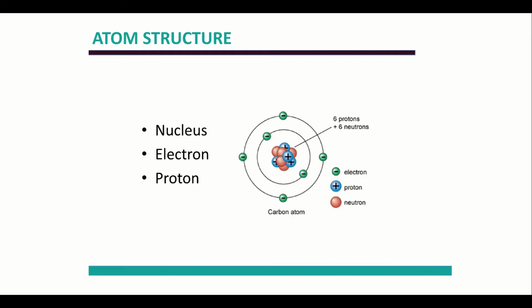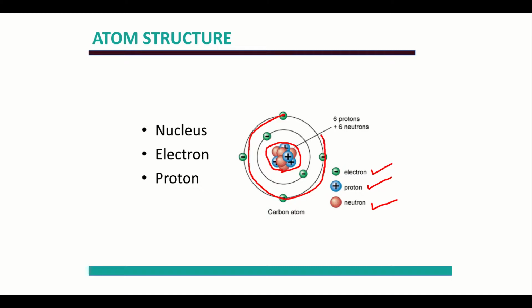It has a positive component, which is a proton, a negative component, which is an electron, and then a neutral component that has no energy, which is a neutron. The neutrons and the protons are in the center of the atom, and electrons actually orbit around the outside of the heart of the atom.